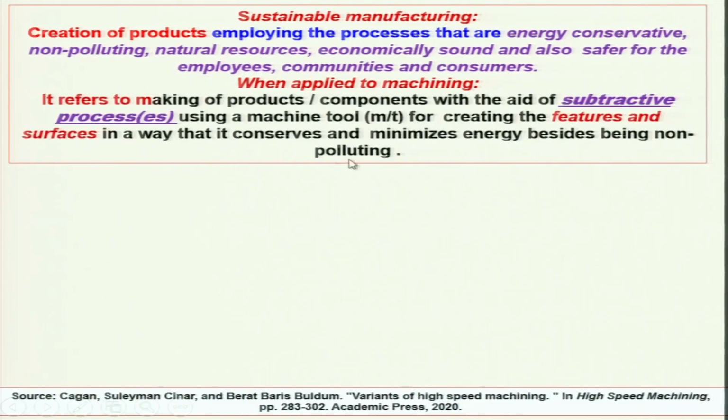When applied to machining, it refers to making of products and components with the aid of subtractive processes. Subtractive processes are machining processes, using a machine tool for creating the features and surfaces in a way that conserves and minimizes energy besides being non-polluting. So, we will emphasize energy consumption in different kinds of micro machining processes. We will see in the following slide.